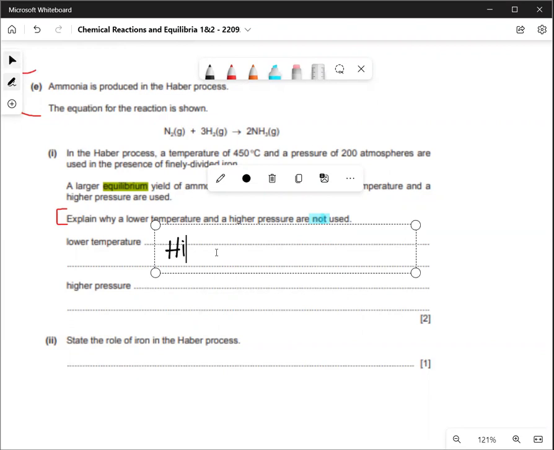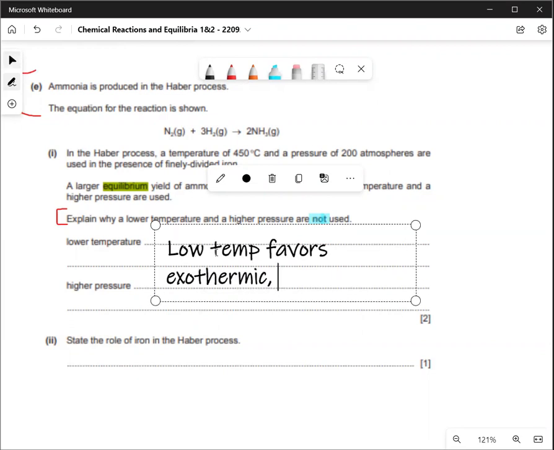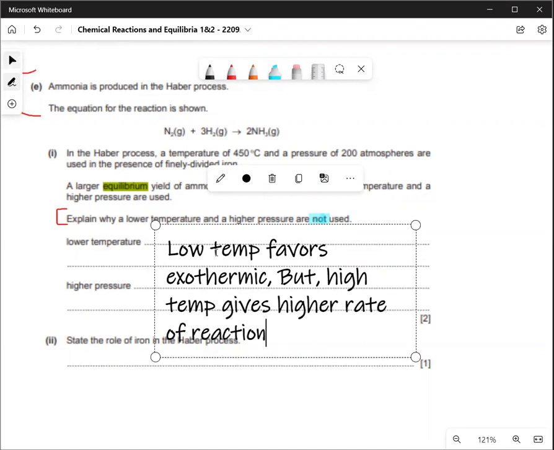Low temperature favors exothermic, but high temperature gives a higher rate of reaction. So whose shop will you go to? You'll go to the higher temperature shop. Why? Because they're giving a high rate of reaction. So 450 °C is taken as a compromise.